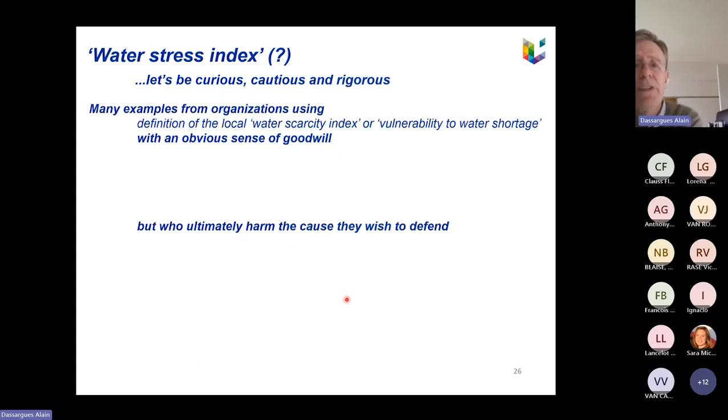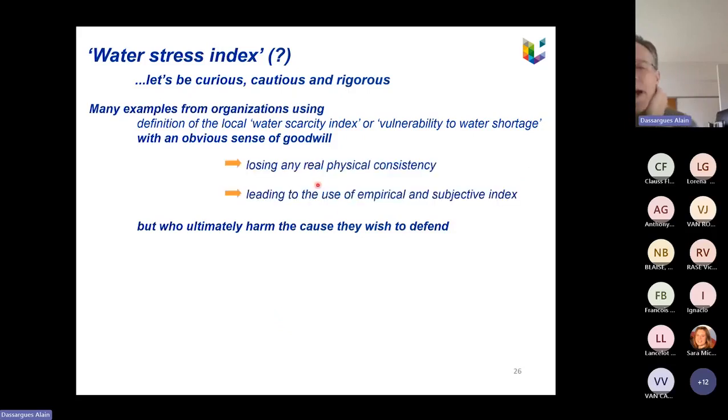Of course, we need simplified indicators, but in fact, there are a lot of different organizations that are publishing water scarcity, so water scarcity indexes or vulnerability to water shortage and things like that. And of course, all those organizations are starting with an obvious sense of goodwill, but sometimes we are losing so much of the physical consistency that this is leading to empirical and subjective indexes as well.